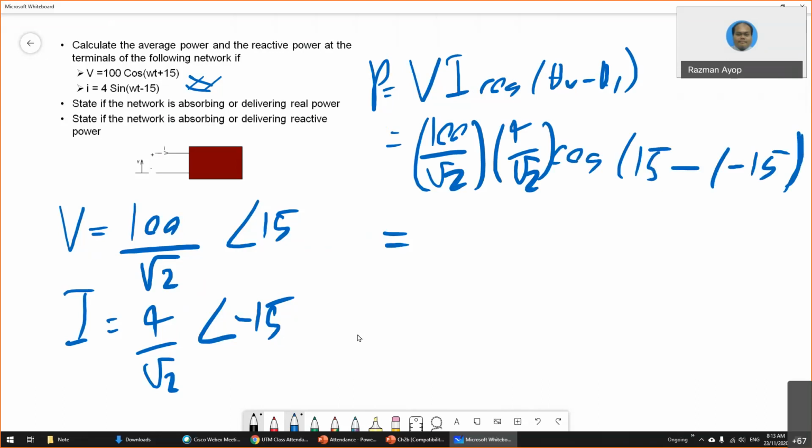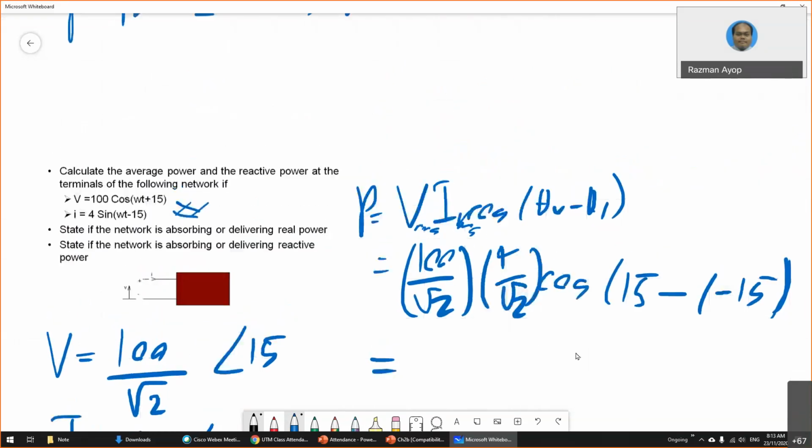Make sure the values you use are in RMS. If you use magnitude, you can use this formula also, but make sure you divide by 2. P equals V magnitude times I magnitude divided by 2, cos(theta V minus theta I). So be careful when you use this formula. Make sure you use RMS, or if you use maximum, make sure you divide by 2.